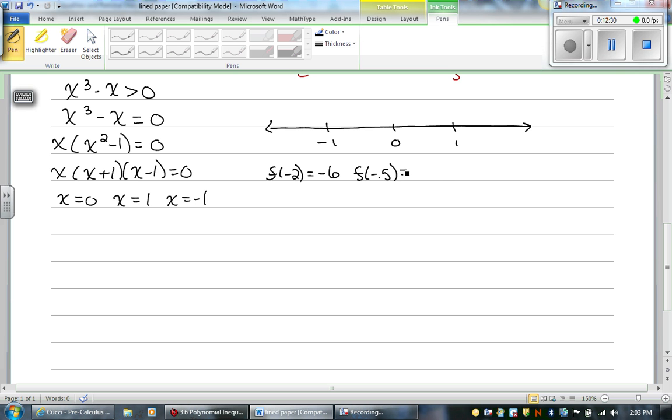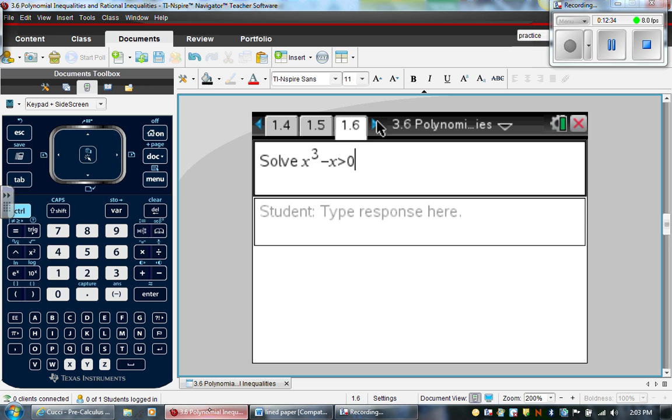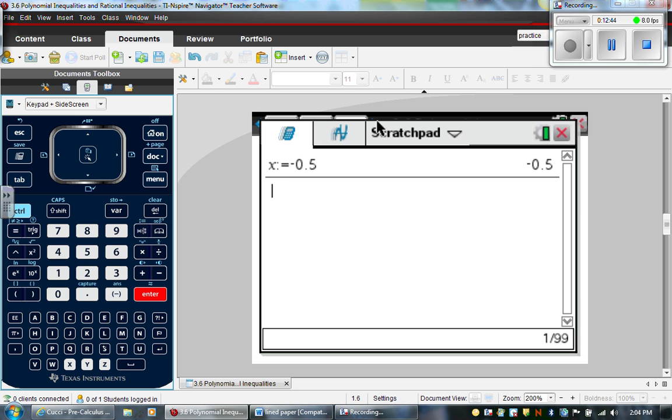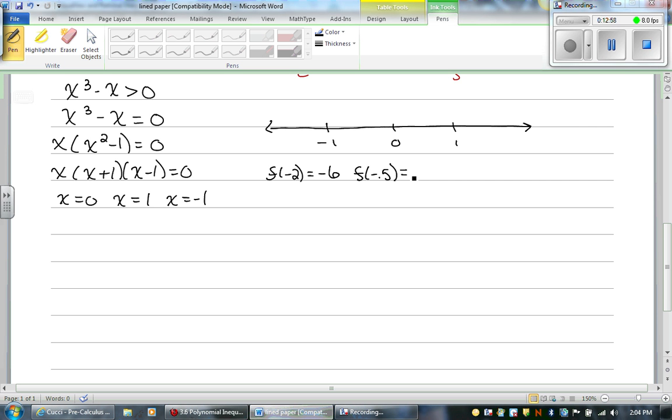And you can use your calculator for that if you'd like. Store negative 0.5 in x. We have x cubed minus x, which is 0.375. Okay, so far I have a negative and a positive.